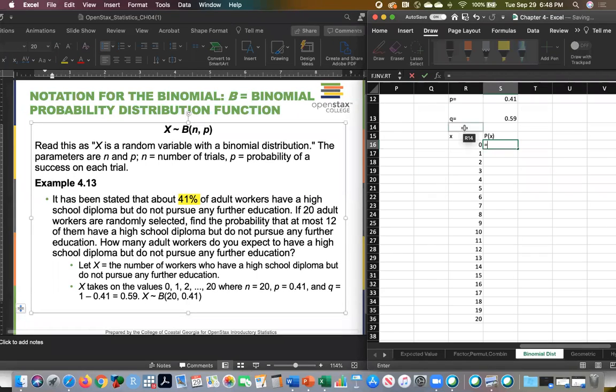So the goal is to find the probability that X is at most, is equal or less than 20, right? So at most means that it's equal or less than... no, sorry, 12.